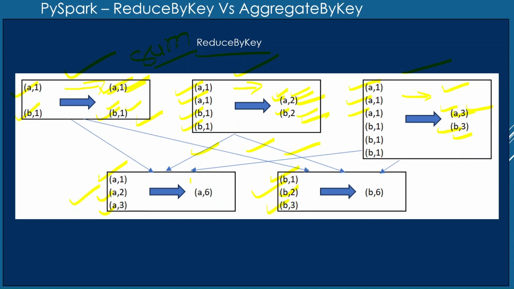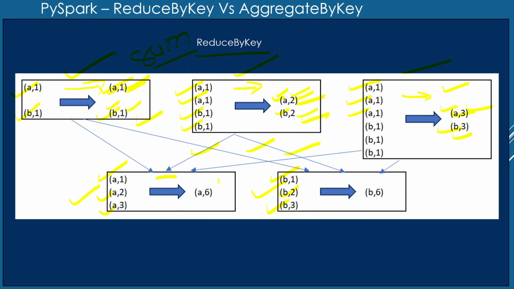Once the data is shuffled into different partitions, again the aggregate function is going to operate on each and every partition. So what is the aggregate function here? The aggregate function is sum.